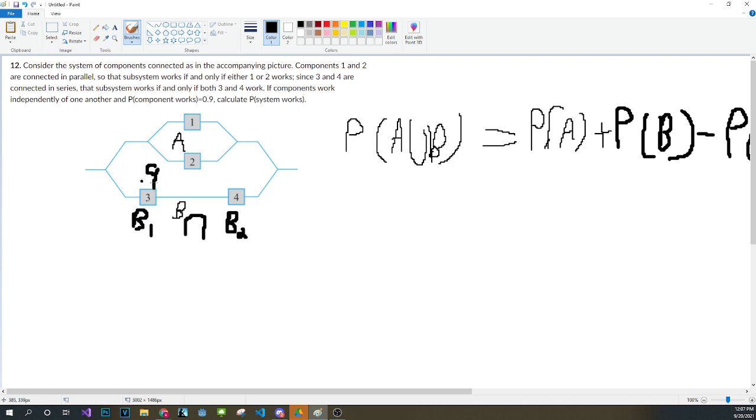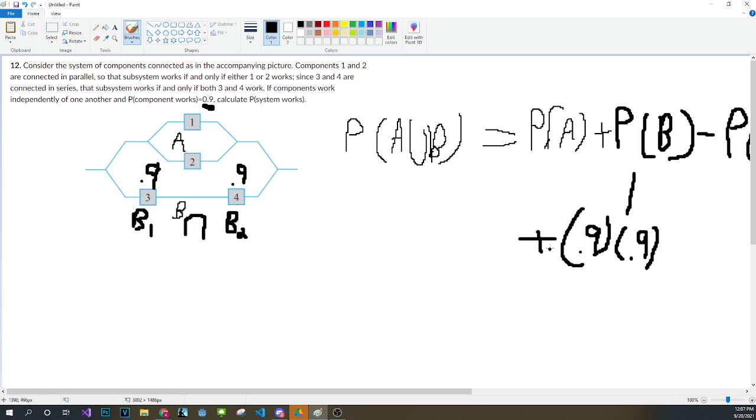Keep in mind that each one of these components is 0.9 because of that thing right there. So the probability of B is 0.9 times 0.9.